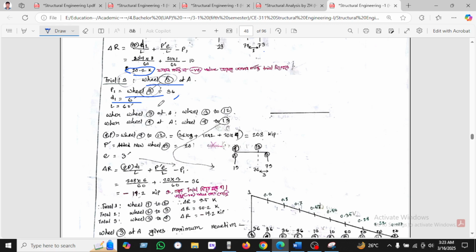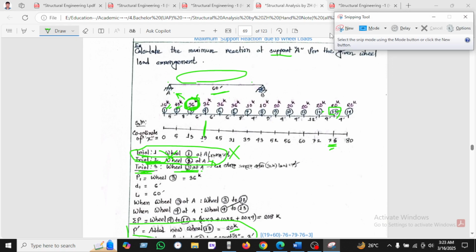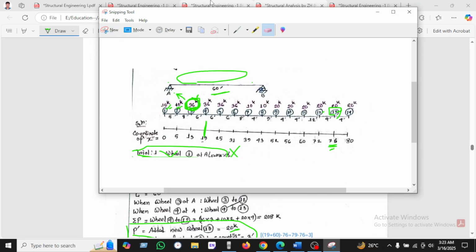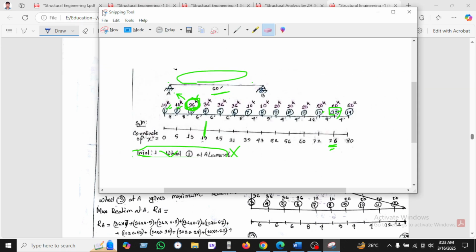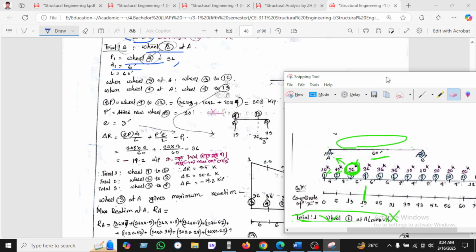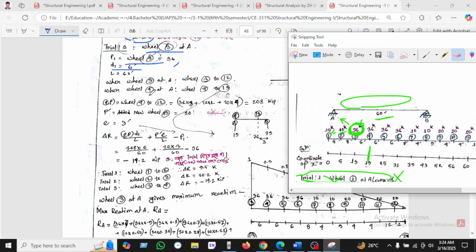And D1, the distance between wheel 1 and wheel 2. I'm just taking a snip here. Okay. So we have been seeing here wheel 3.